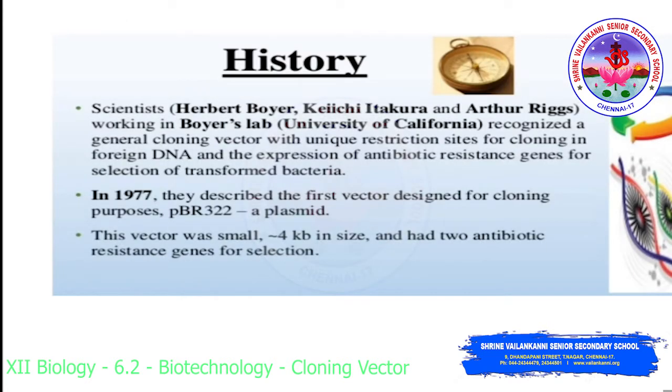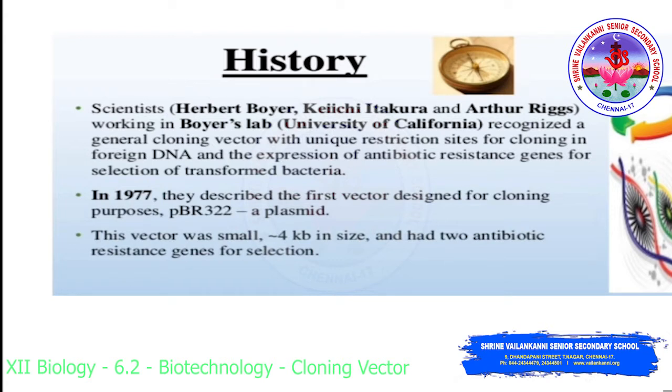History of cloning vector. The scientists Herbert Boyer, Keiichi Itakura and Arthur Riggs, working in Boyer's lab at the University of California, recognized a general cloning vector with a unique restriction site for cloning in foreign DNA and the expression of an antibiotic resistance gene for selection of transformed bacteria. In 1977, they described the first vector designed for cloning purposes, pBR322, a plasmid.